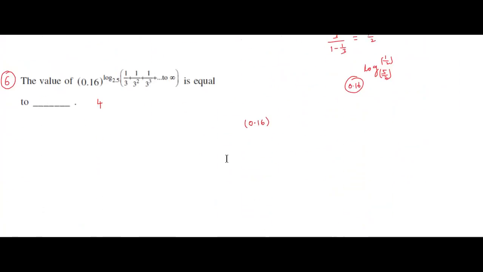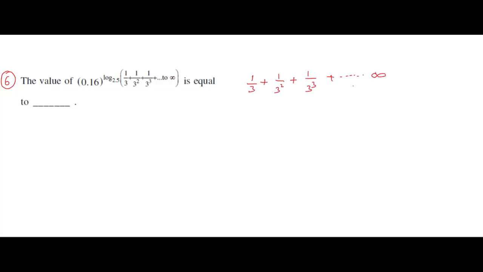See here. This is an important question, given in 2019 as well as 2020 in January month, this type of model. First observe here: 1 by 3, 1 by 3 square, 1 by 3 cube, and so on up to infinite.